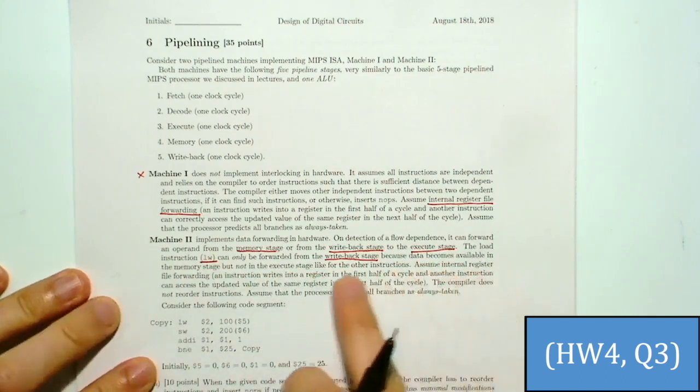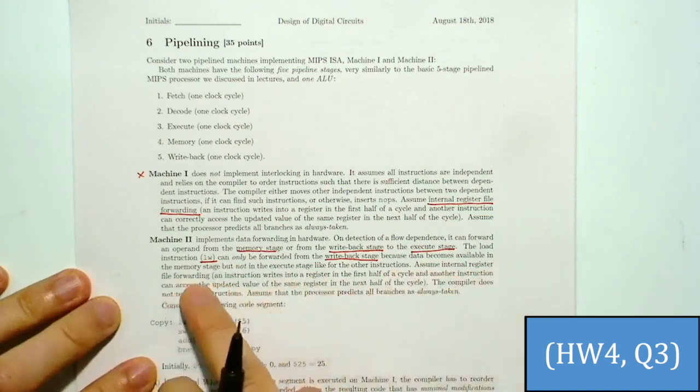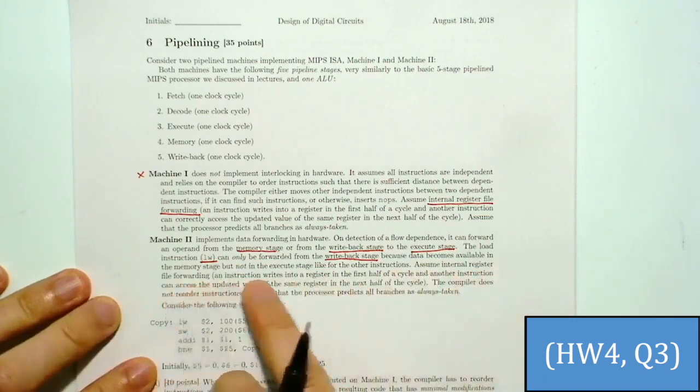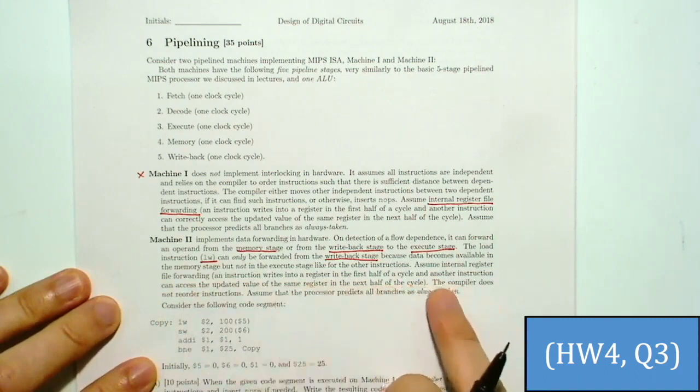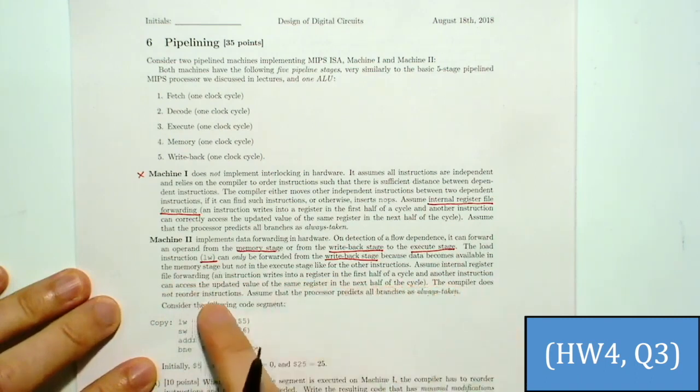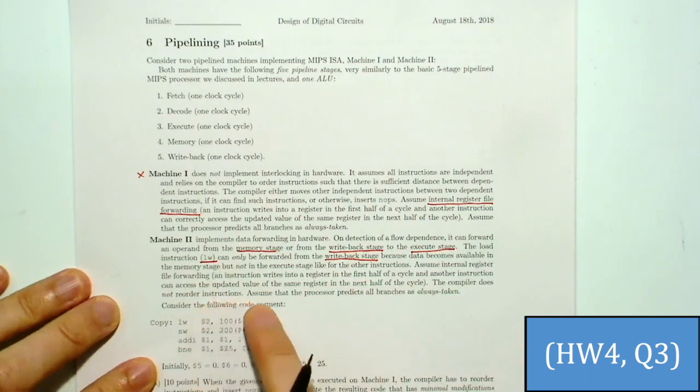Assume internal register file forwarding, the same as in the previous machine. The compiler does not reorder instructions in this case, and assume that the processor predicts all branches as always taken.